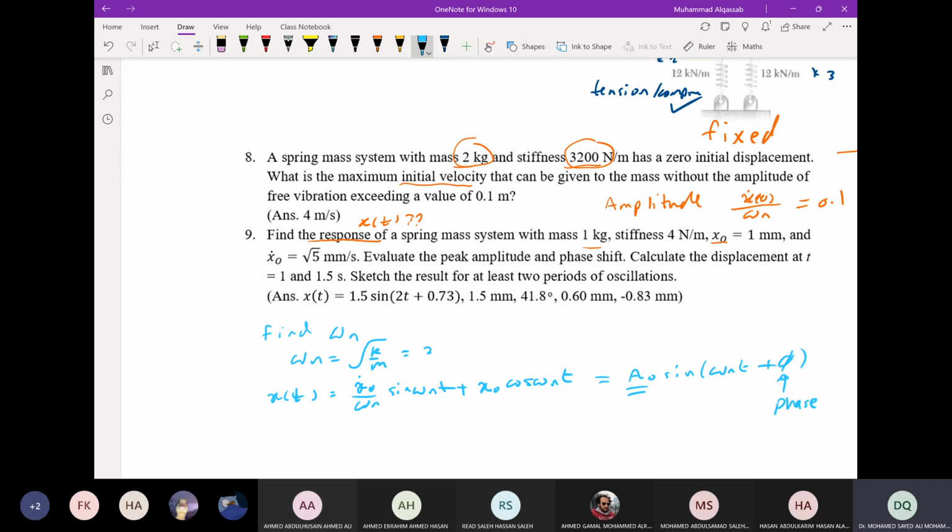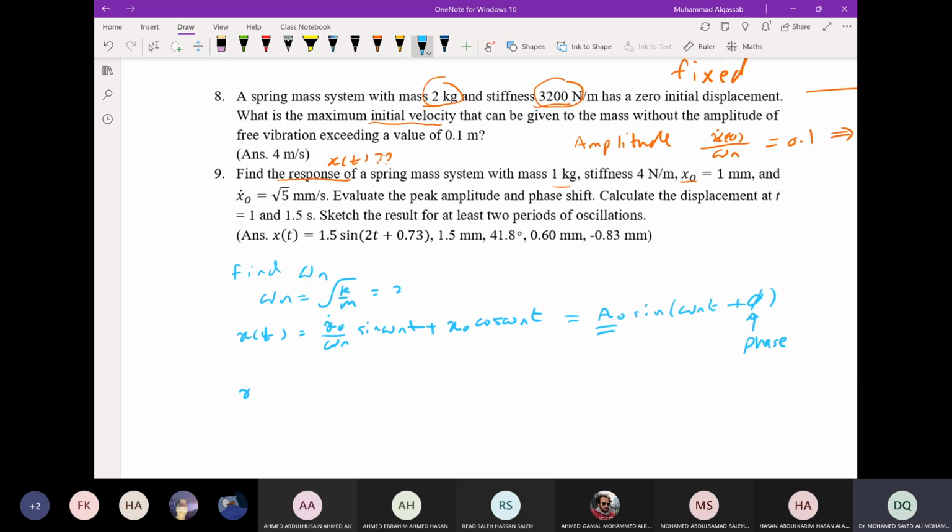Here, when you substitute for t equal to 1 second, you will have x dot at 0 as square root of 5, omega n is 2, so it is sine of omega n, and omega n is 2 times 1, plus 1 millimeter cosine 2 times 1.